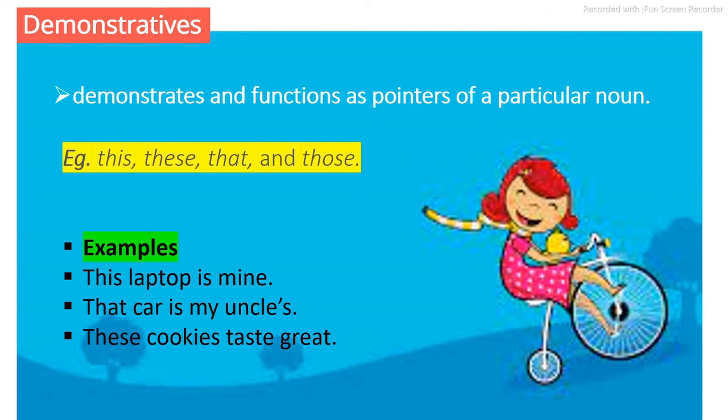So to show whether things are close or far from the speaker, and to function as pointers to that particular noun, demonstratives like this, that, these, those are used. So here laptop, car and cookies are nouns modified with the determiners this, that and these.